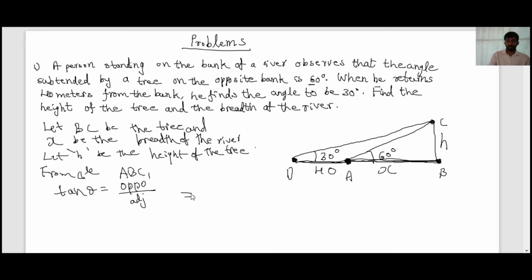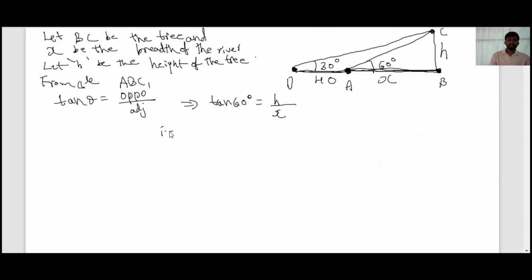This implies tan 60 degrees is equal to the opposite side length, that is h, divided by the adjacent side. The adjacent side is AB, and AB is equal to x. What is tan 60? Tan 60 is root 3, which is equal to h by x. This implies h is equal to root 3 into x. Height is equal to root 3 into x. You need to calculate x later. Take it as equation 1.